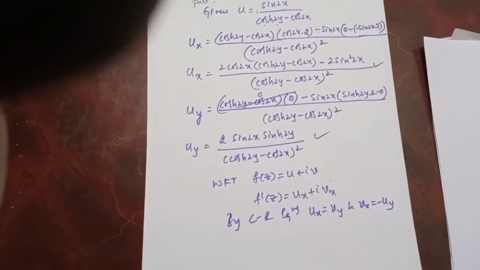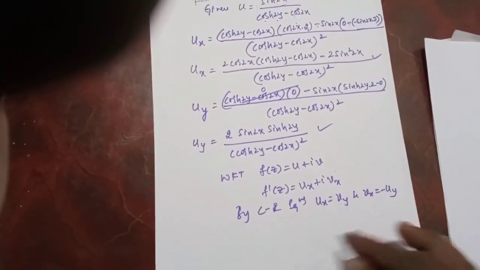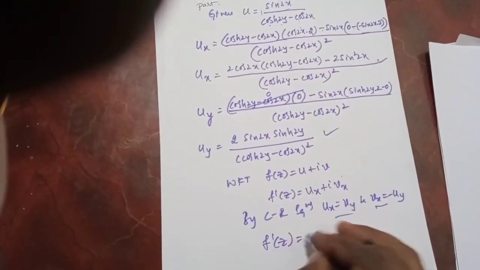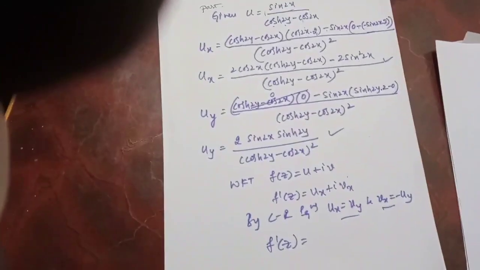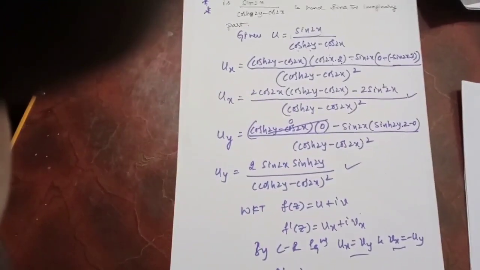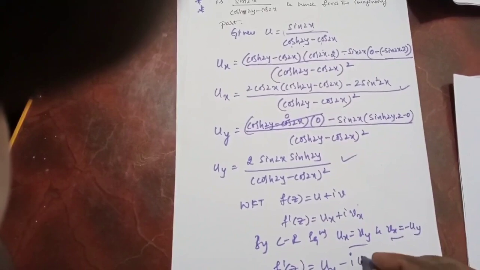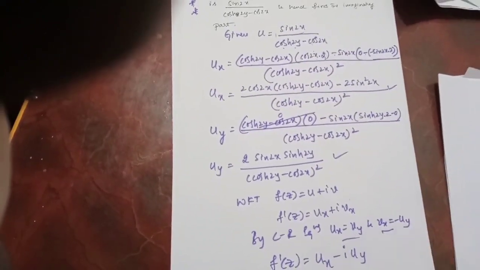By using these CR equations, f dash of z will become, we have to change this with u: ux minus i uy. In place of vx, we write minus uy.